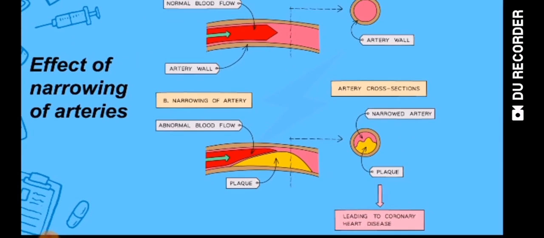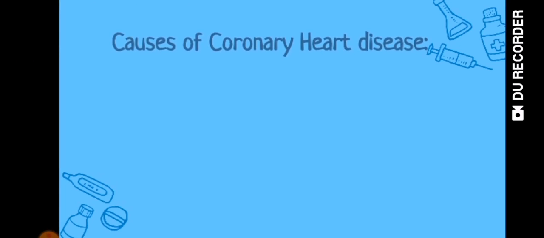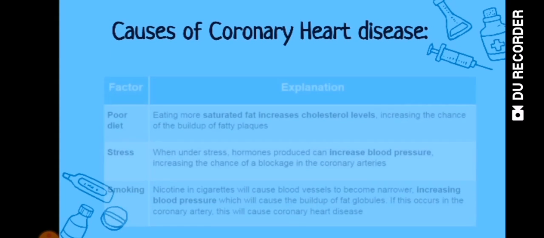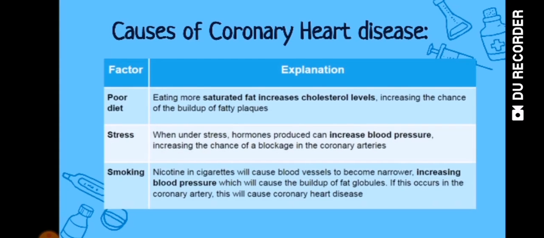Nicotine in cigarettes will cause blood vessels to become narrow, increasing blood pressure, which will cause the build-up of fatty globules. If this occurs in the coronary artery, this will cause coronary heart disease. Okay, let's see this video about coronary heart disease.